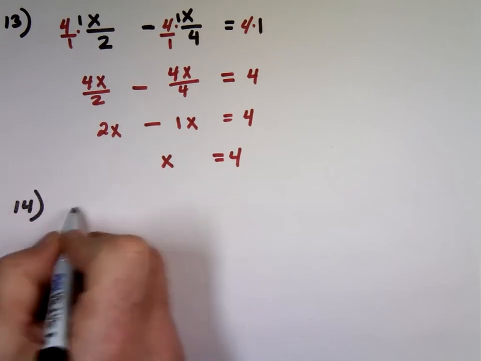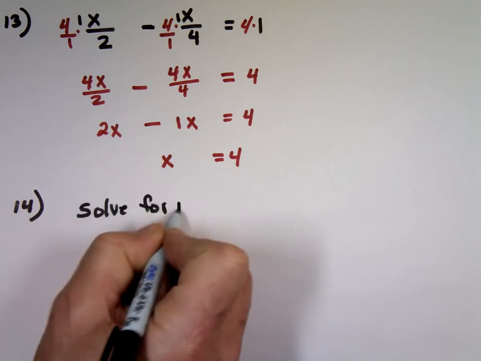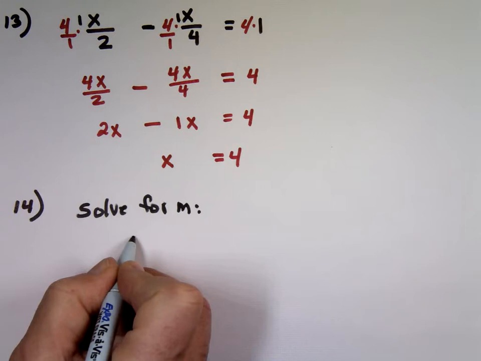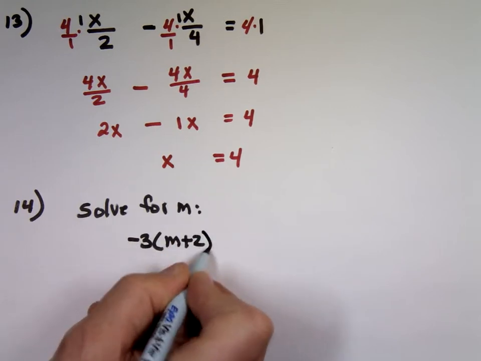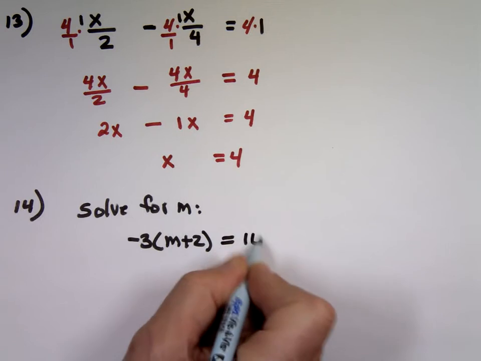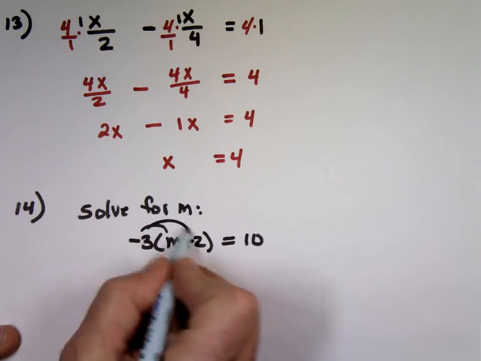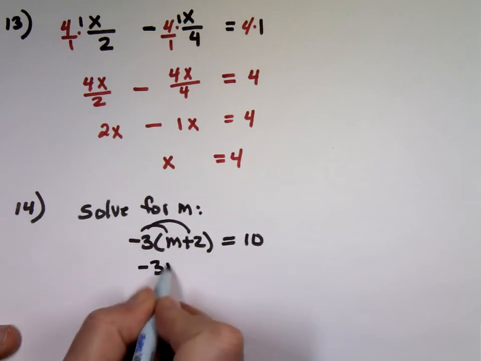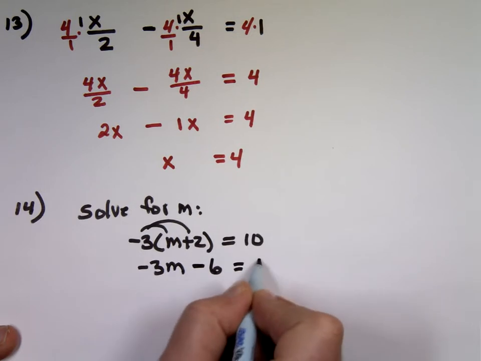Solve for m. -3 times m plus 2 is equal to 10. Yep, distribute the -3. -3m minus 6 equals what? 10.